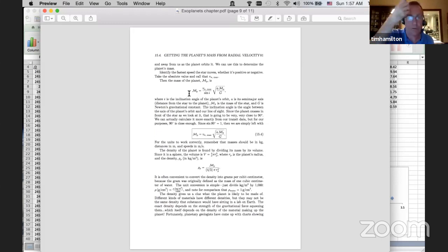So we take Newton's law of gravity and the idea that it's in a circular orbit, and we simply go back to your introductory physics course, and we take the equations for a body orbiting another in a circle. Let's see, we've got the mass of the planet. Oh, here we go. So the mass of the star and the mass of the planet create a center of mass between the two of them.